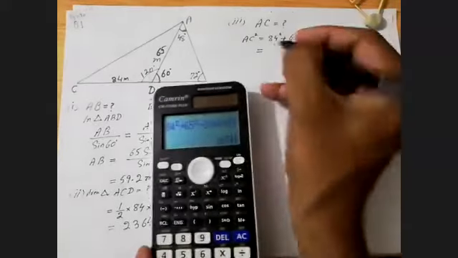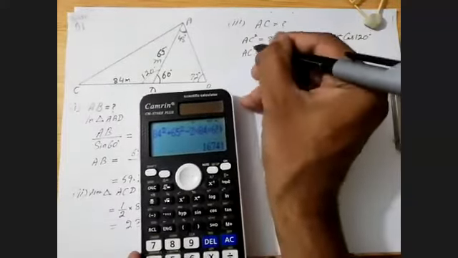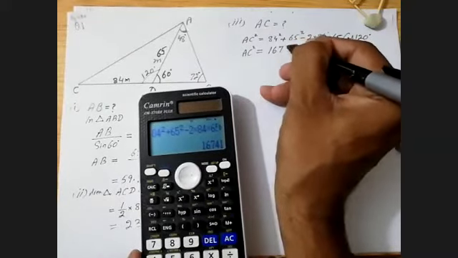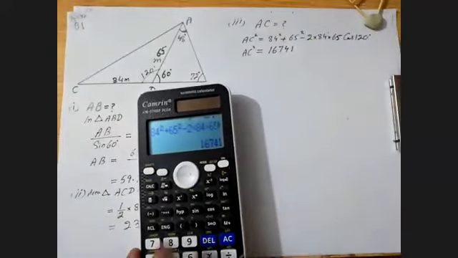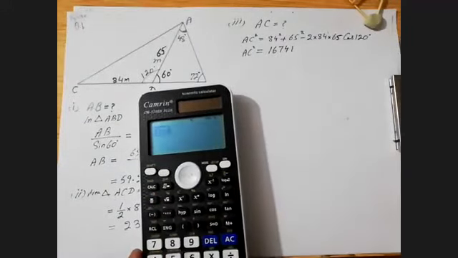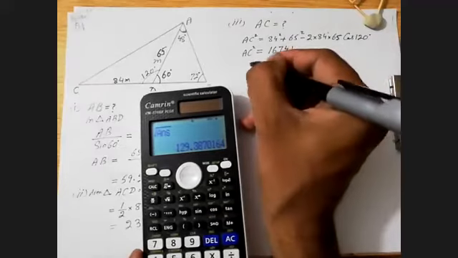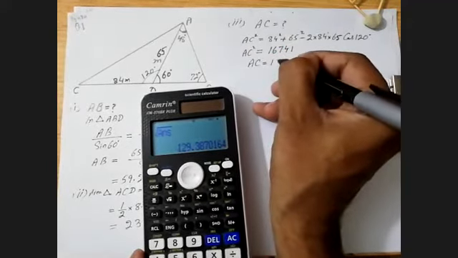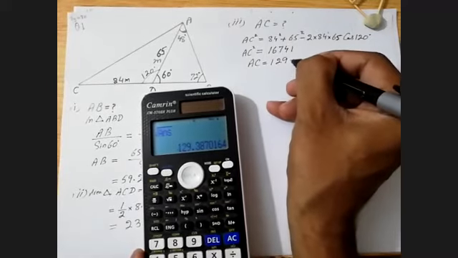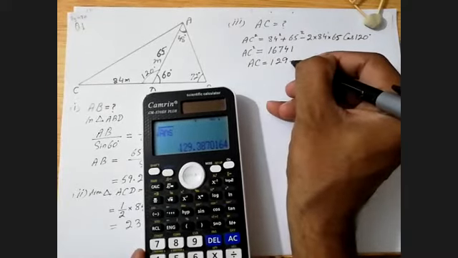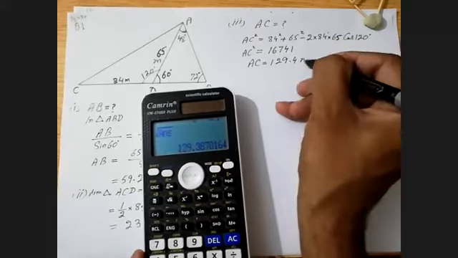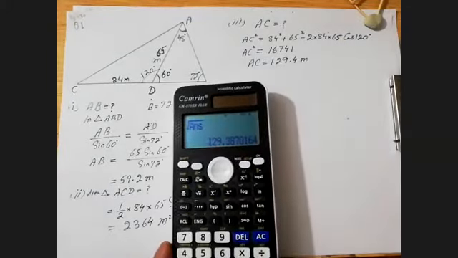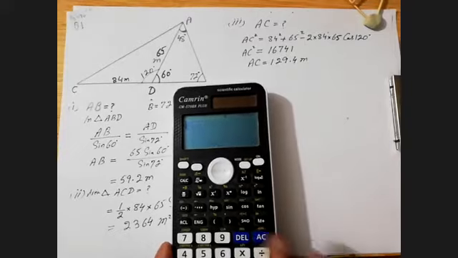Here I got that AC square is equal to 16741. I have to take the square root of the answer, so I got that AC is equal to 129.4 meters. Okay, I have rounded it off to 129.4 meters.